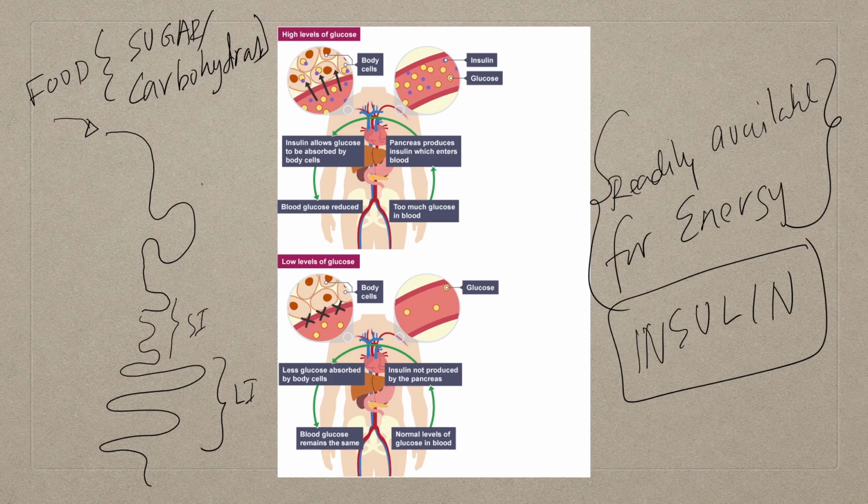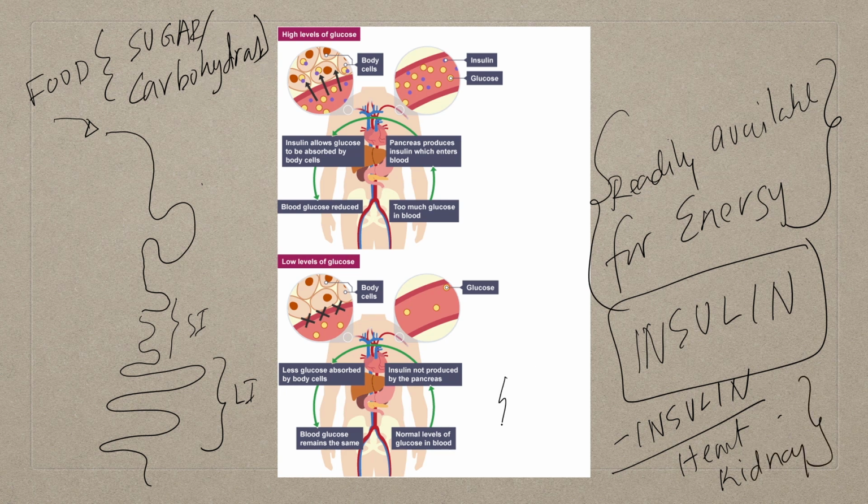So, what is happening essentially, because of the absence of insulin in the case of diabetes, your heart functioning is compromised, your kidney is compromised, and your energy level is compromised. Right? So, when there is a high level of glucose in the body cells, the insulin is secreted, then glucose is taken over. Insulin allows the glucose to be absorbed by the body cells, and the blood glucose level reduces.